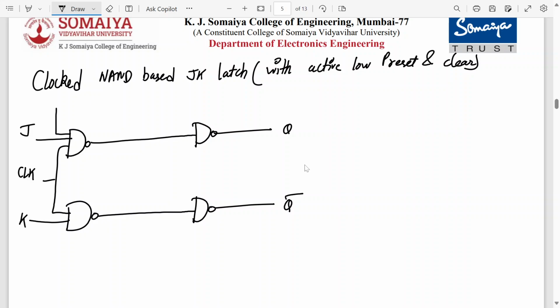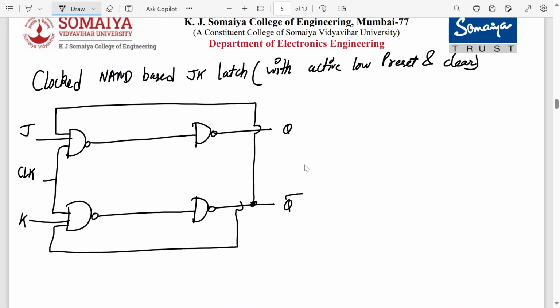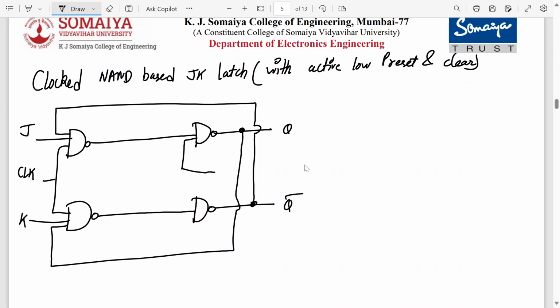Your third input is going to Q bar, your third input is going to Q, and there is a cross coupling also, right? Like this.